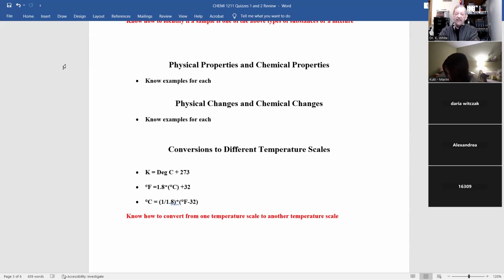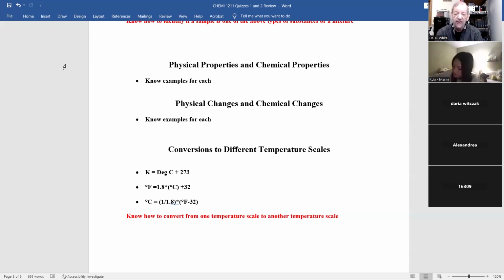An example of that would be gasoline is very flammable. Water is not flammable. That's a chemical property. And you should know examples of each. Well, I just gave it to you.